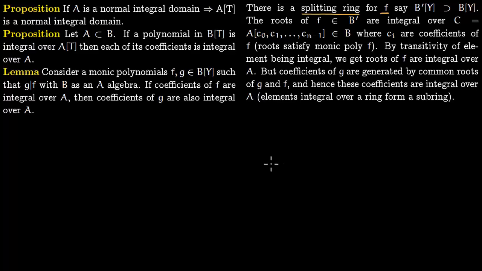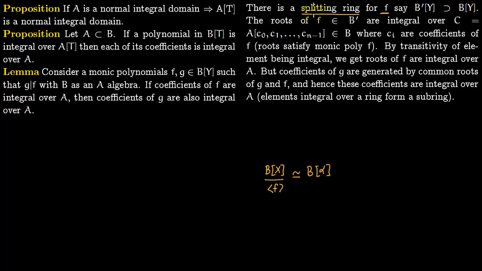So the simple example is, say you start with something like this B[x], and you do this f, so this will give you B adjoined with some alpha, where alpha is the root of f. So now you can consider your f in this bigger ring, B[alpha][x], and then here at least you can divide with x minus alpha, and then you can continue this process inductively to find a splitting field.